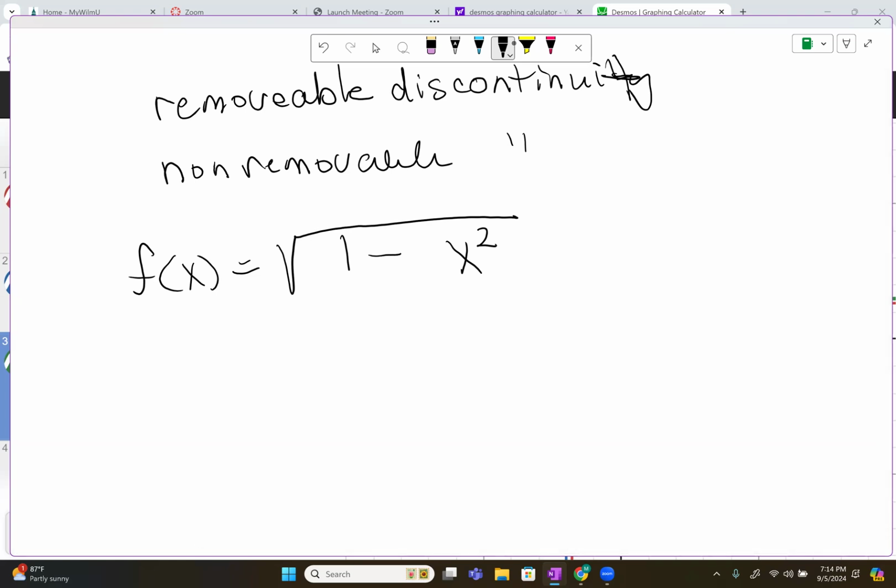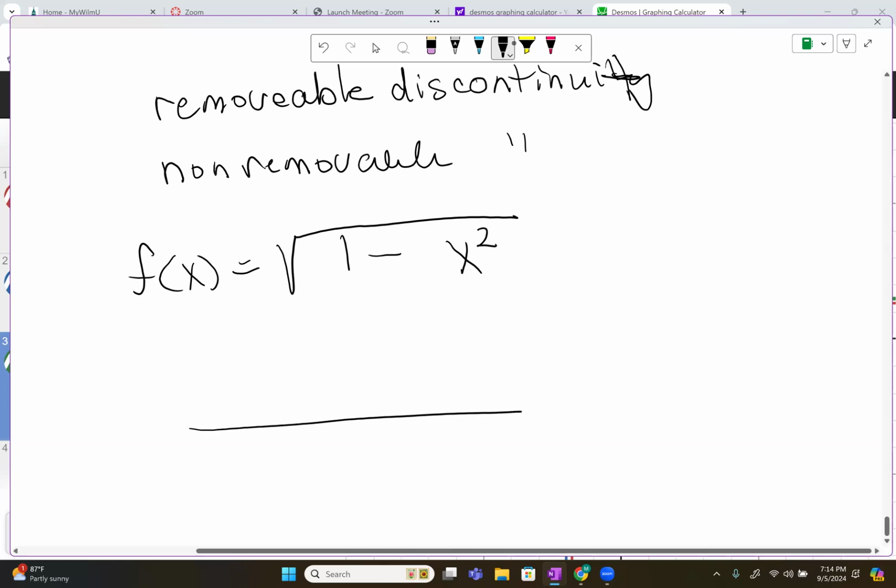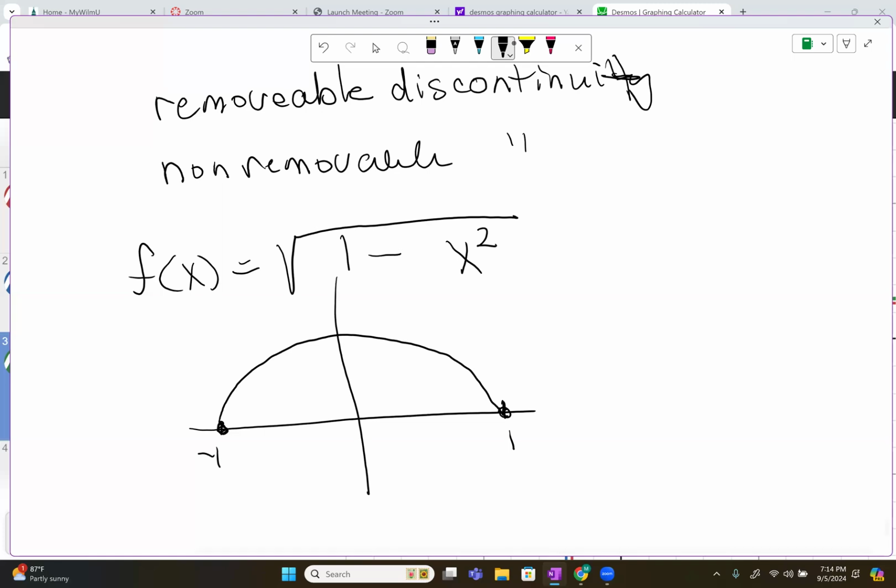And the reason you would say that is because if you drew this on a number line, and this is -1, and this is +1, you would have a solid point, and it would be continuously adding the points. So this is a continuous graph.